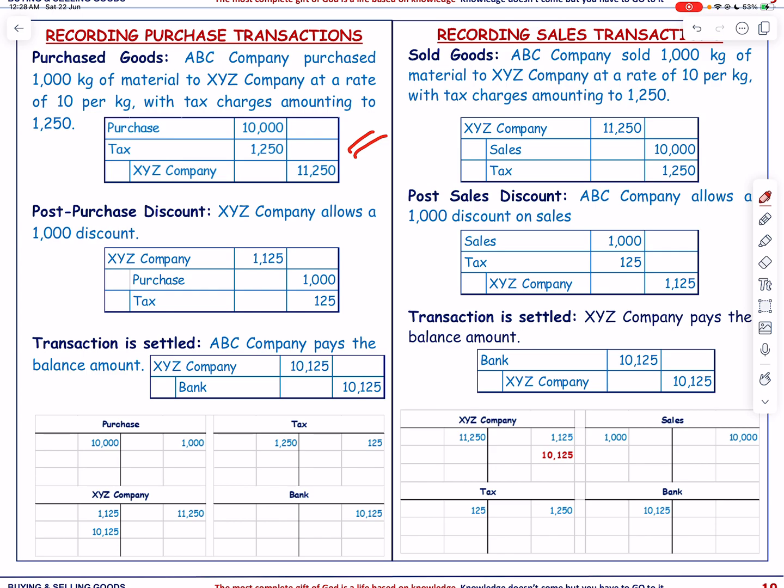And now the company is allowing a discount of 1000. As they are giving a discount, there is a decrease in the purchase. That means this journal entry is going to be reversed. You can see now XYZ is debit, purchase and tax are credit, and this is the total for purchase and tax.